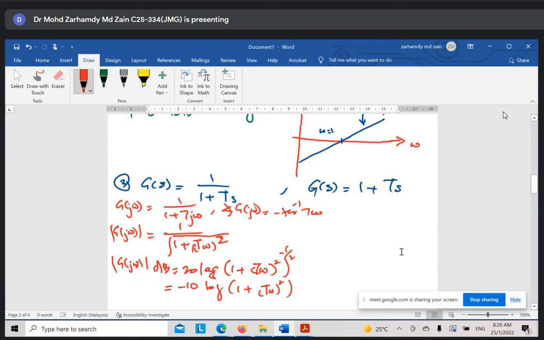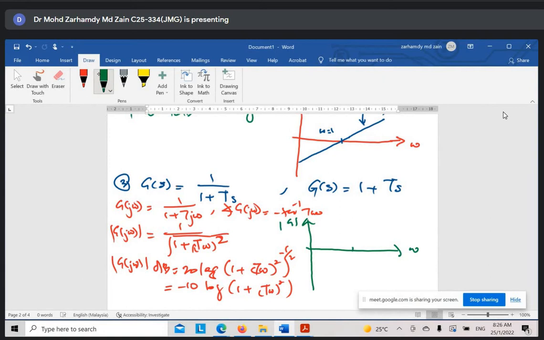So how is the standard of this line if we have 1 over Ts? We have omega and the gain G. If we look here, we have what we call the break point, or intersection point.